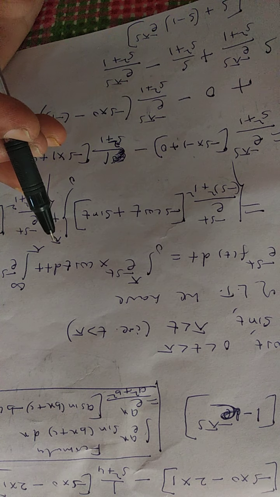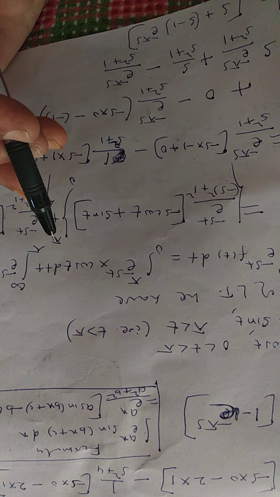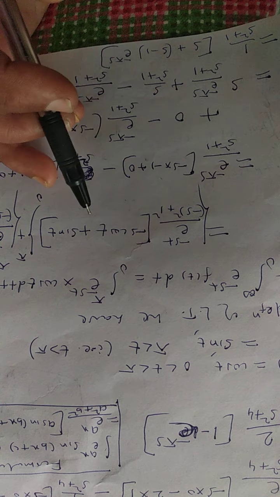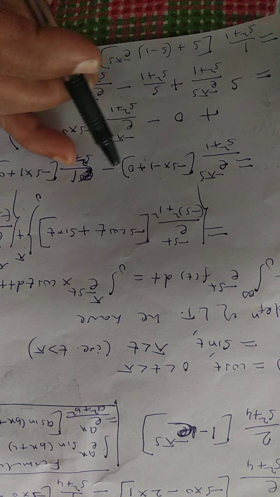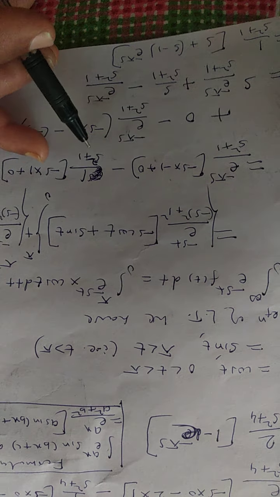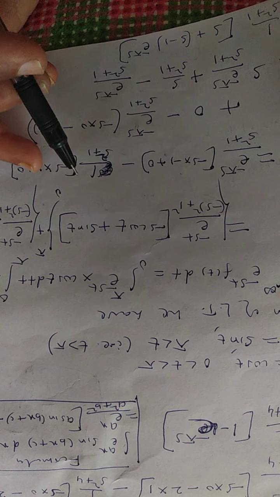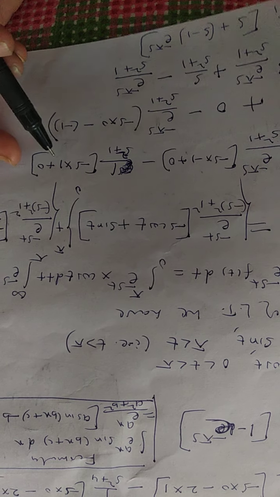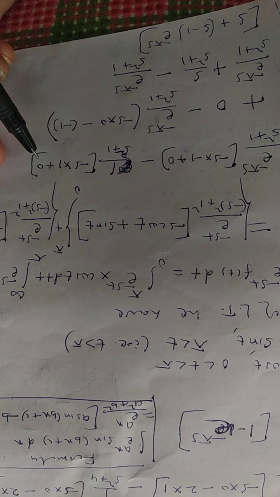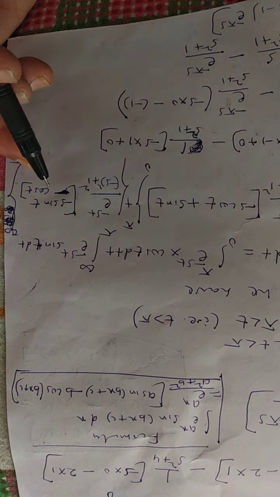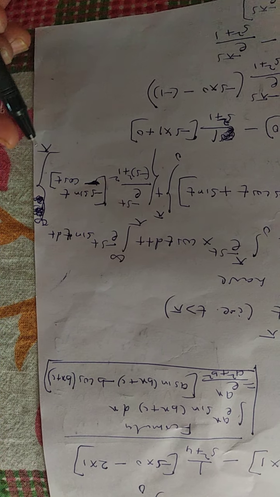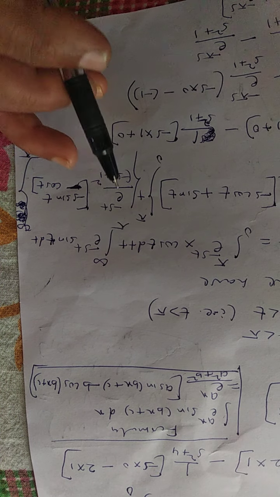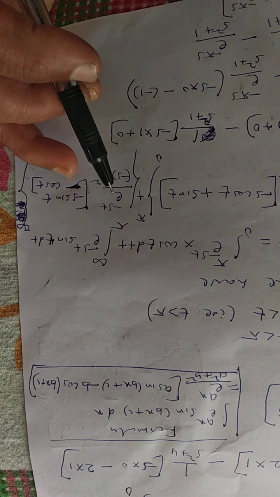Again put the upper limit first: e raised to minus pi s upon s square plus 1 into minus s into cos pi is minus 1 and sin pi is 0, plus 0, minus the lower limit: 1 upon s square plus 1, e raised to 0 is 1, minus s into 1, cos 0 is 1, sin 0 is 0. Then for this put first infinity, e raised to minus infinity is 0, and therefore the whole thing is 0 because this one is the multiplying factor.